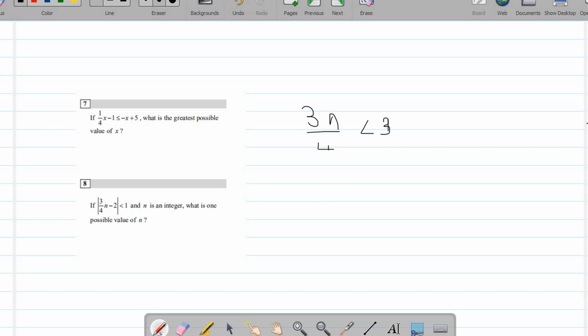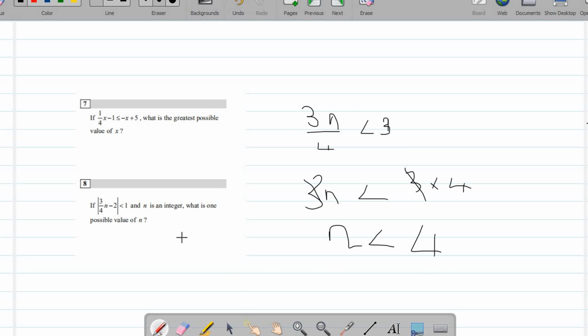So we have 3n over 4 is less than 3, 3 times 4, which is 12. So if you cut this and this, n is less than 4. So we have n is less than 4.